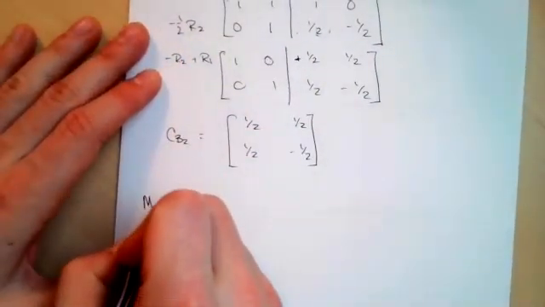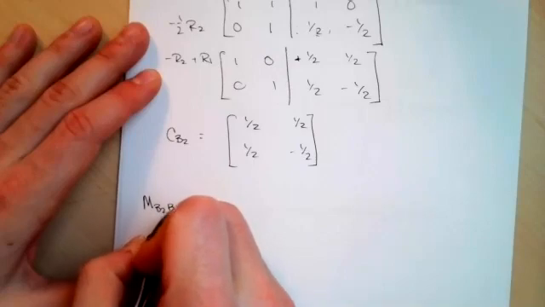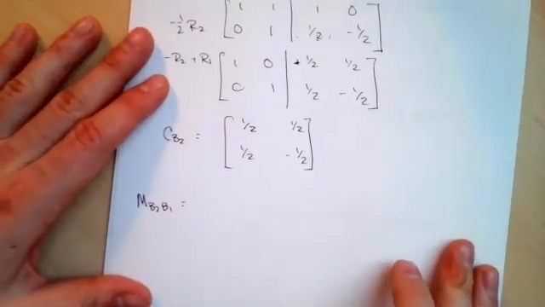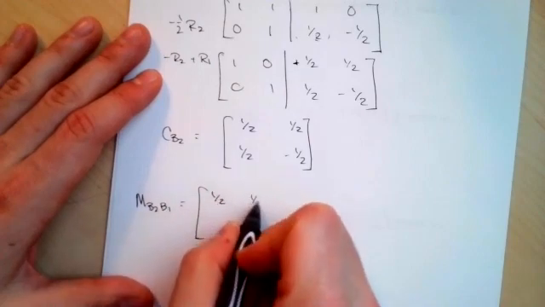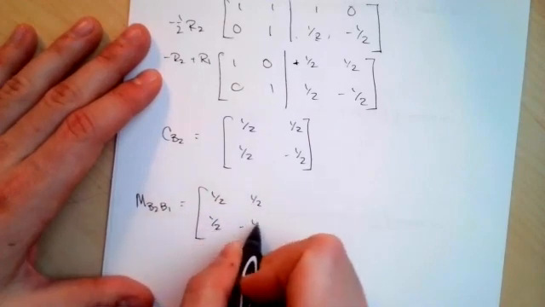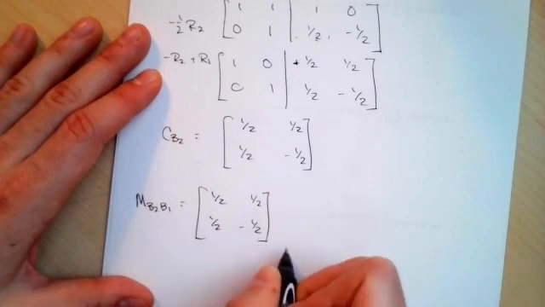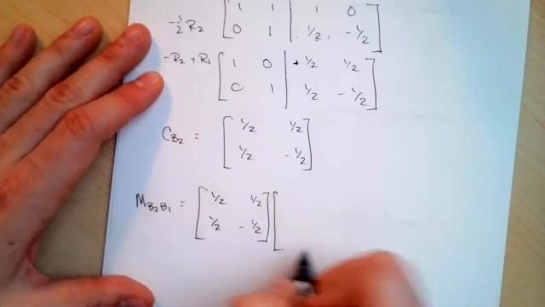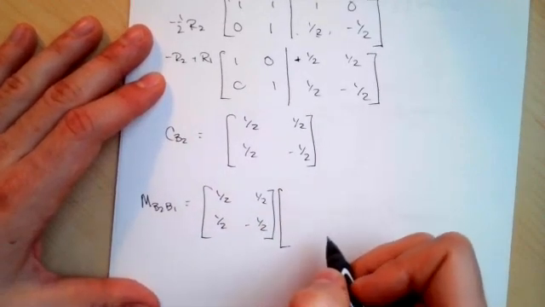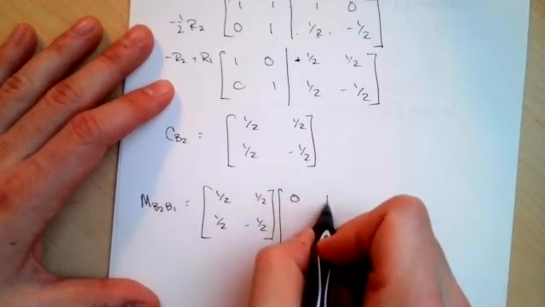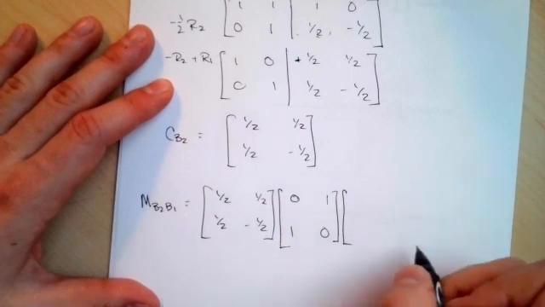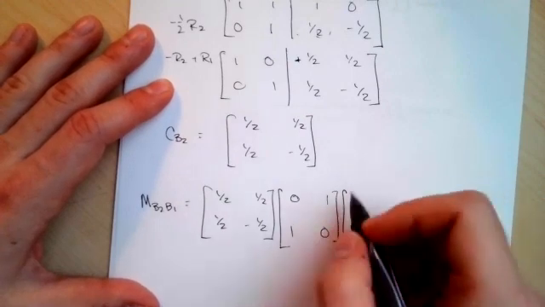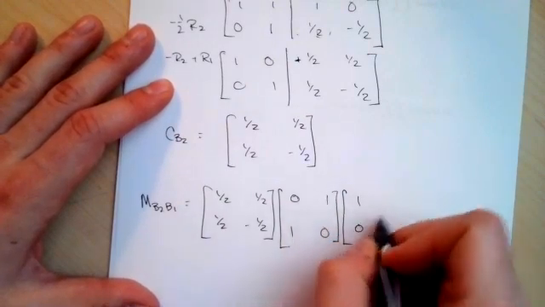So now our M from B2 to B1 is going to equal CB2, 1/2, 1/2, 1/2, minus 1/2, times our linear transformation, times our CB1 inverse.